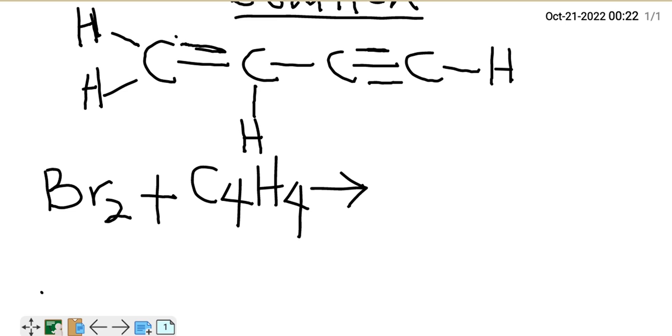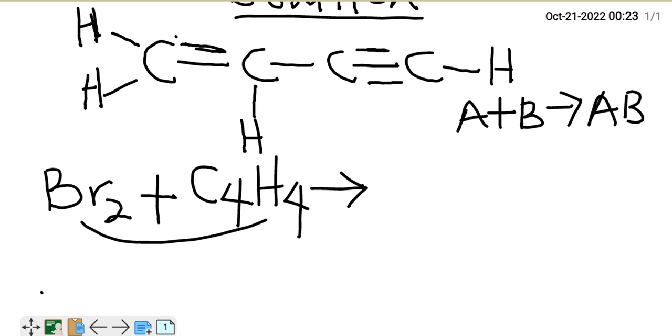Now what will be the product of the reaction between bromine and but-1-en-3-yne? Now try to remember that this is an addition reaction. In an addition reaction, A will react with B to form a single compound, which is AB. A adds on to B to form AB. So similarly, these two will react together to form a single product. So what will be the structural formula for the single product?